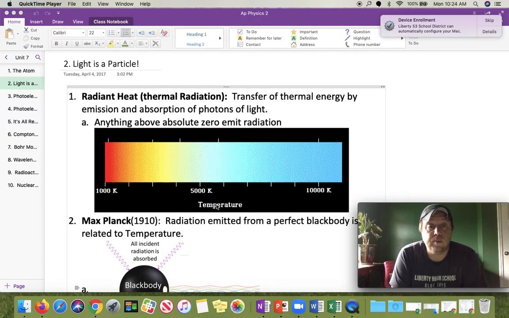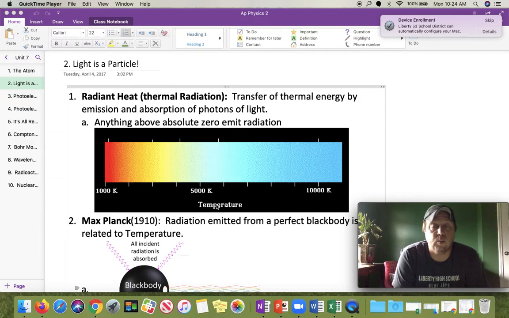All right, so starting off here, radiant heat, which I know brings back fond memories of all the radiometry and luminosity and everything else that we talked about earlier, but we're not going to really be getting into all of that. But remember, radiant means all regions of the spectrum, not just the visible. Okay, so thermal radiation or radiant heat transfer thermal energy by the emission and absorption of photons of light.